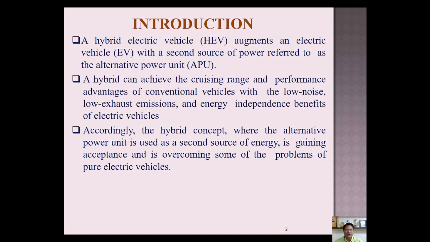When we look at the introduction, the hybrid electric vehicle is a combination of two sources of power. One is the IC engine, another one is the electric motor. The hybrid is required to minimize the environmental effect as well as increase power output and efficiency.